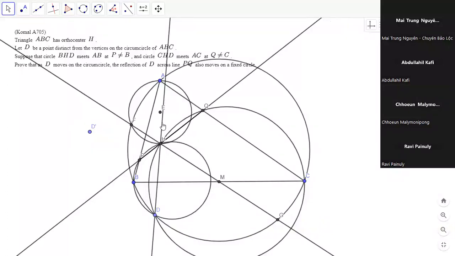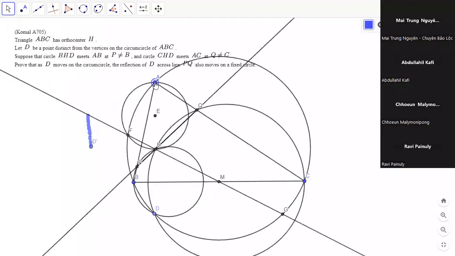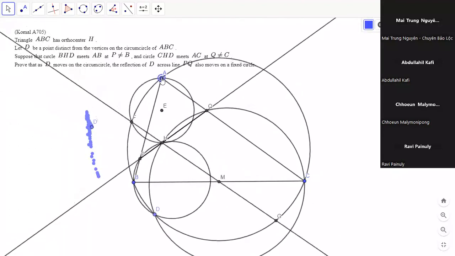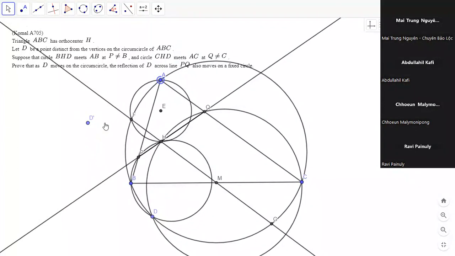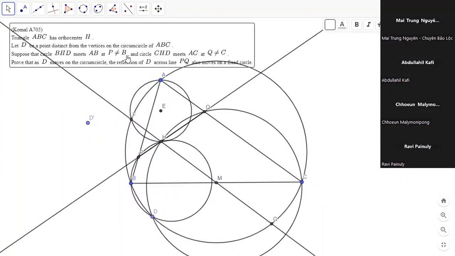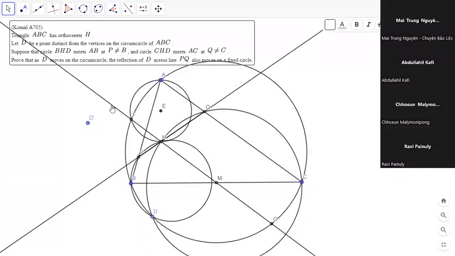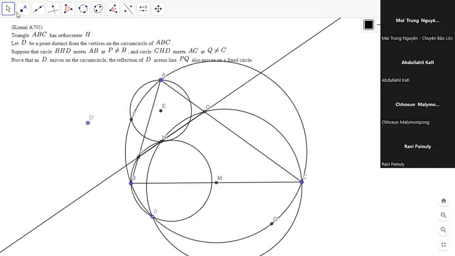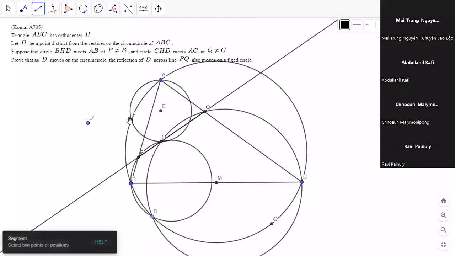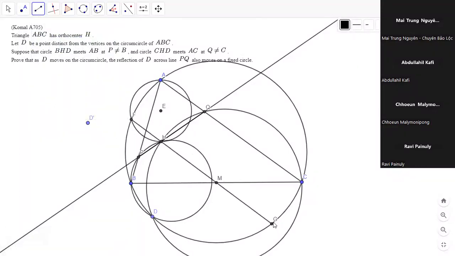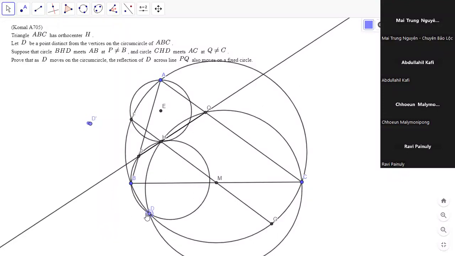Hmm. These problems are harder than they look.